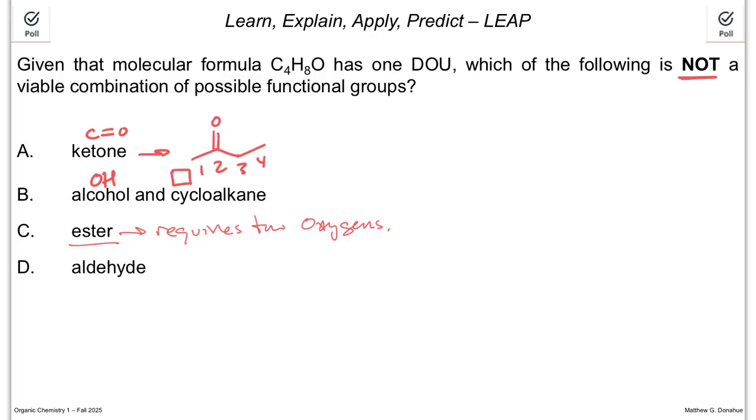Then we bond those things together. So that could be a claim. And then for the aldehyde, the degree of unsaturation is in the carbonyl, but now that is at the end of the chain.